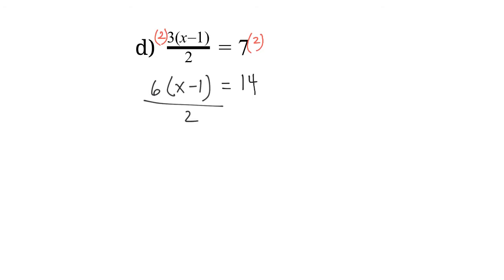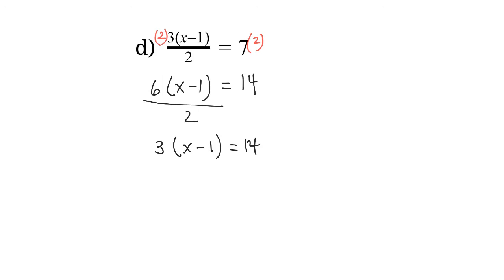Now, we can continue simplifying this because, again, if we ignore this x minus 1 portion, this would really read as 6 over 2, or you could read it as 6 divided by 2. And 6 divided by 2 is 3. We still have the x minus 1, and we still have the 14.